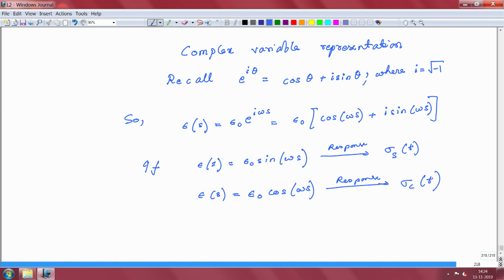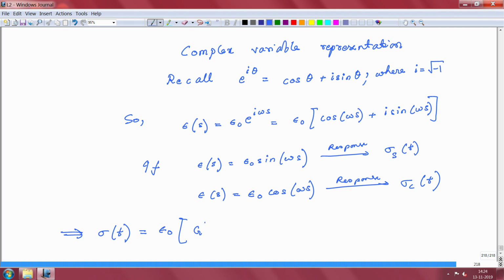So, now if we use the result that we just derived in the previous class, then we can say that the expression for sigma t is going to be equal to epsilon naught. So, now we just replace for the real part, we know that in the real part we have a cosine input, right.